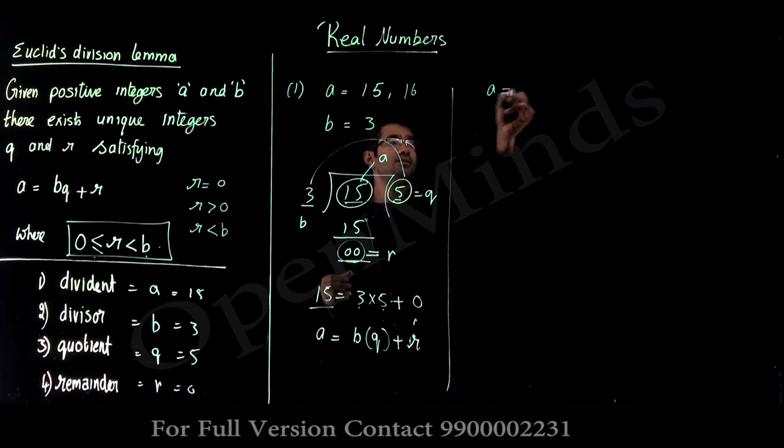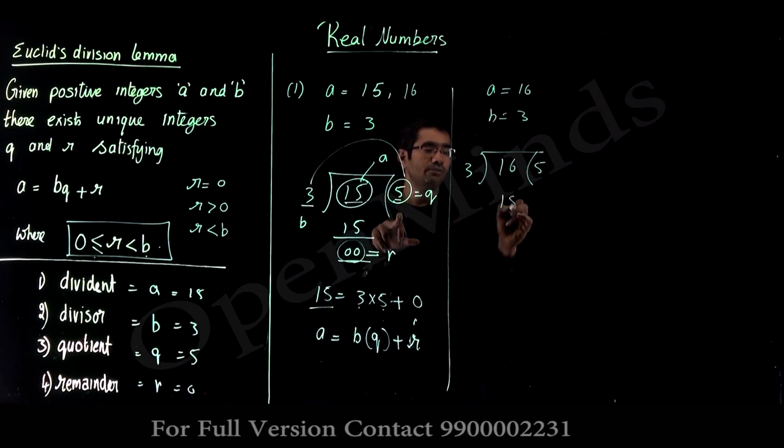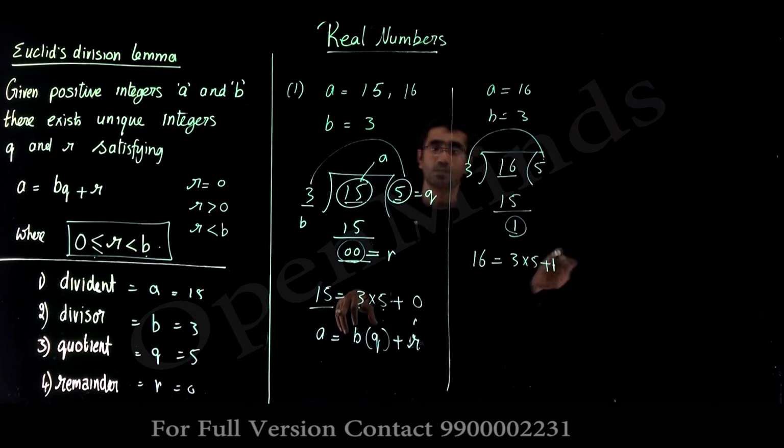So when a is 16 and b is 3 only, I'll go with the division again. I have 16 here and 3, and how many times does it go? 3 goes 5 times again. You do get 15, but this time I get a 1. Can I write this equation again? I can write 16 is equal to 3 times 5 plus 1. That works.